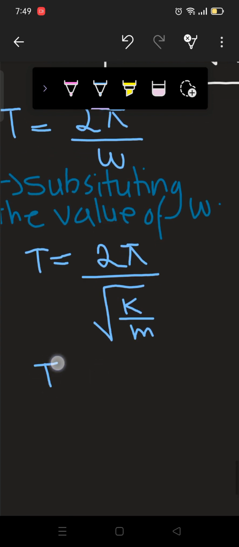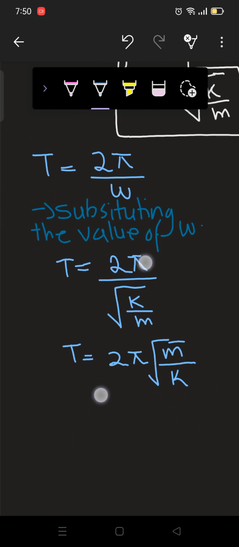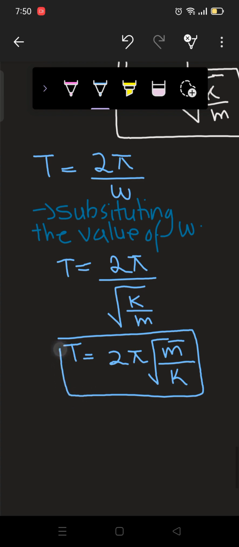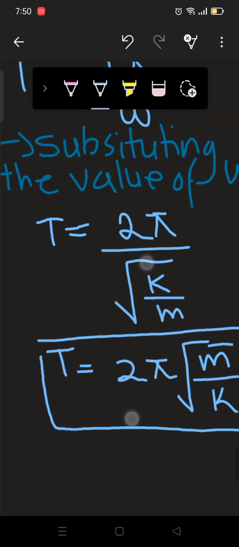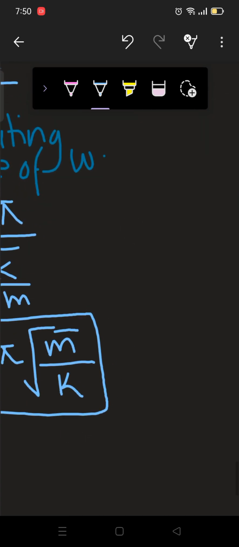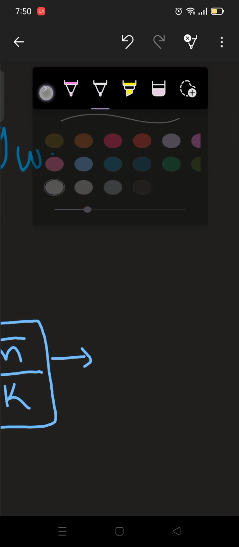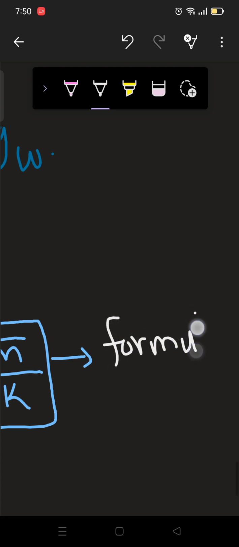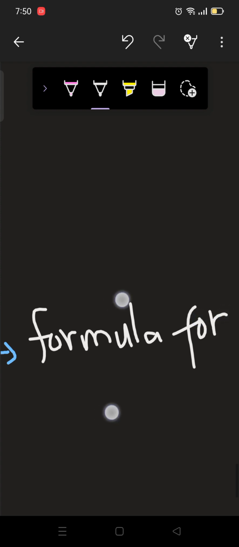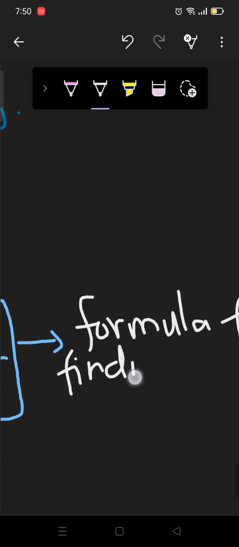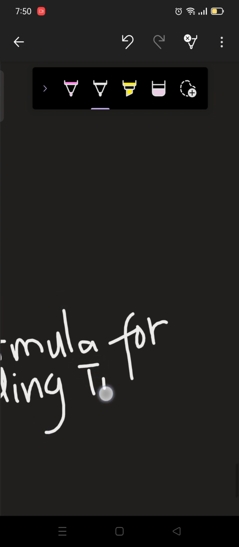When we solve this further, T is equal to 2 pi under root m over k. So this is the formula for finding the time period of motion under elastic restoring force, or Hooke's law, or mass spring system.